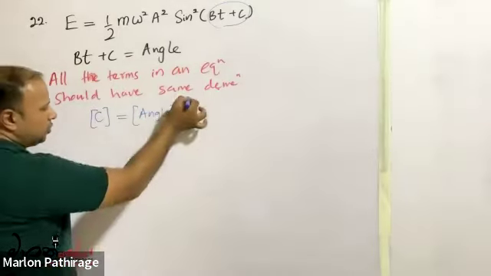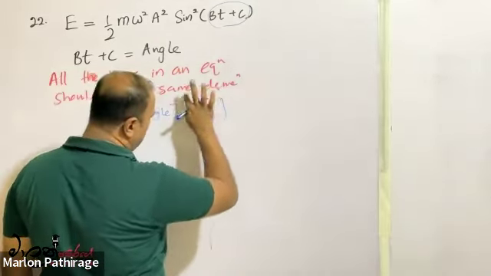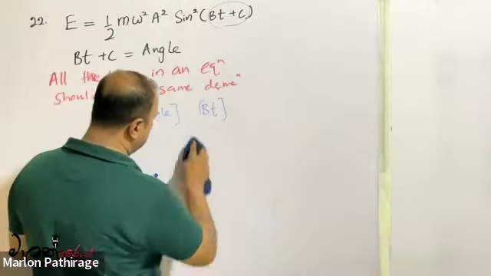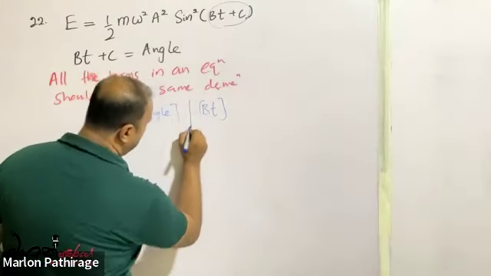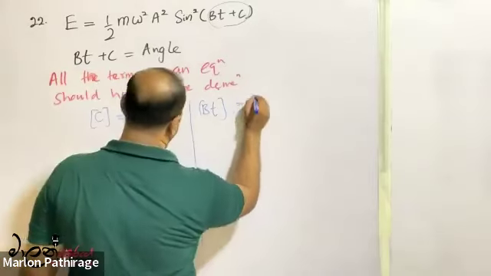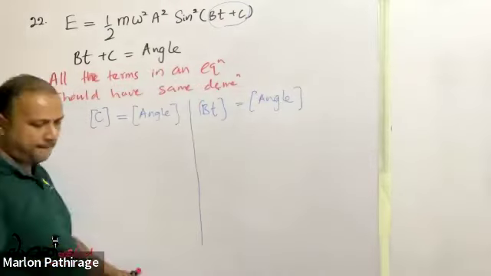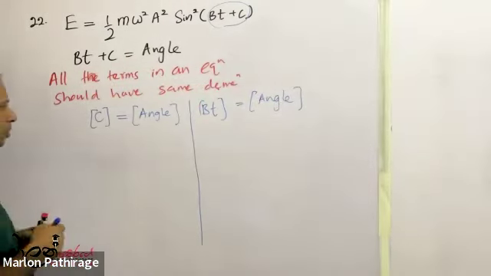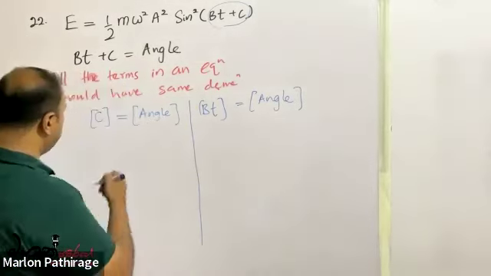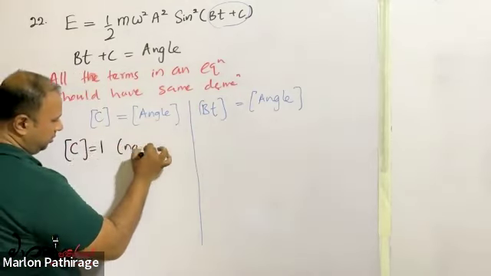Therefore, an angle has no dimension. Therefore, the dimension of C is equal to 1, or no dimension.